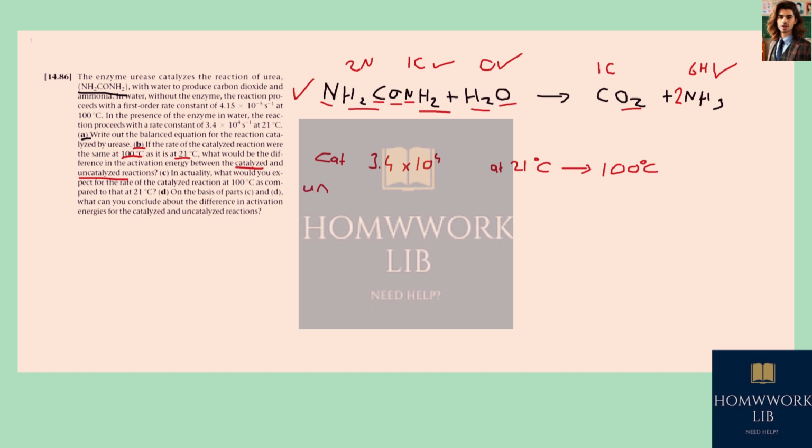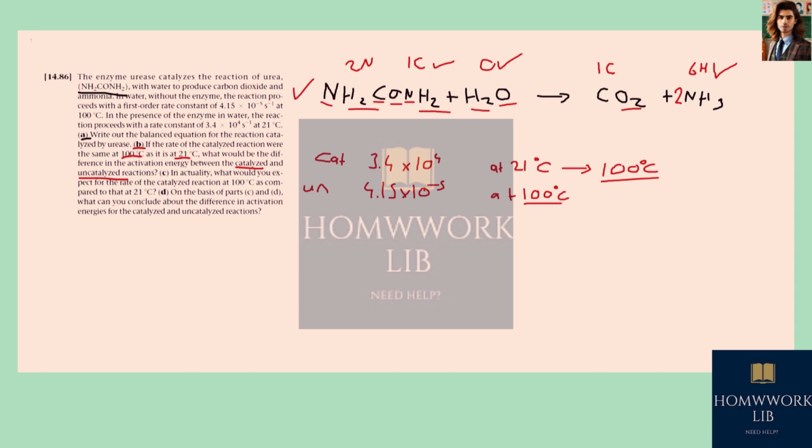Uncatalyzed is going to be 4.15 times 10 to the power of negative 5 at 100 Celsius. So they're giving us this 100 Celsius equal. That's the main way to be able to solve this question.